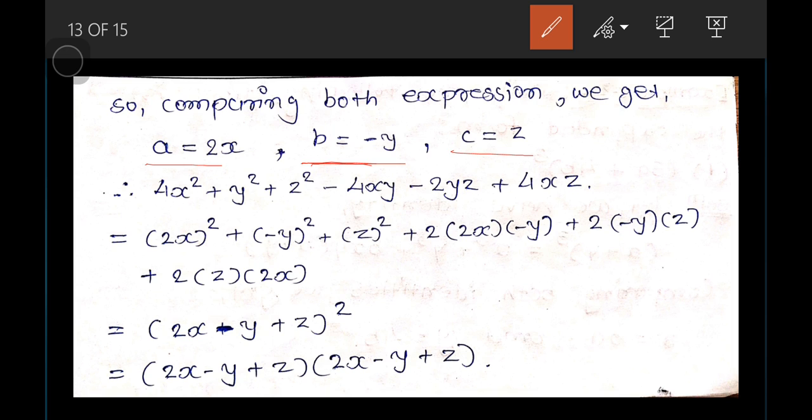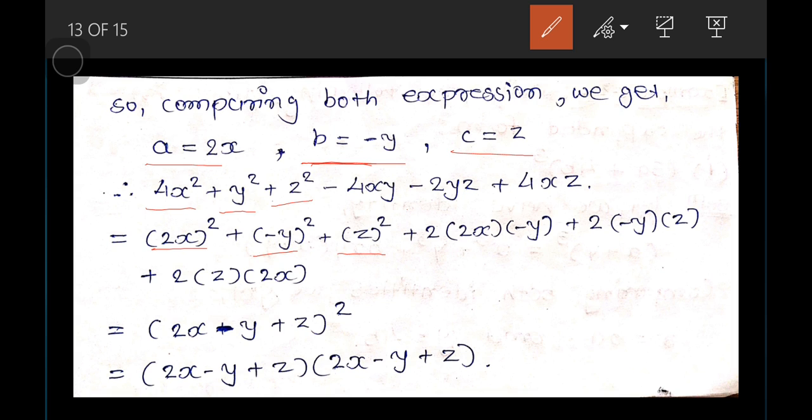Now we have the variables and we also have the identity, so we put these values in the identity. The expression is 4x square plus y square plus z square minus 4xy minus 2yz plus 4xz. Now we have a, b and c, so we convert this: 4x square is 2x square, y square is minus y square, because b is equal to minus y, z square is z square.